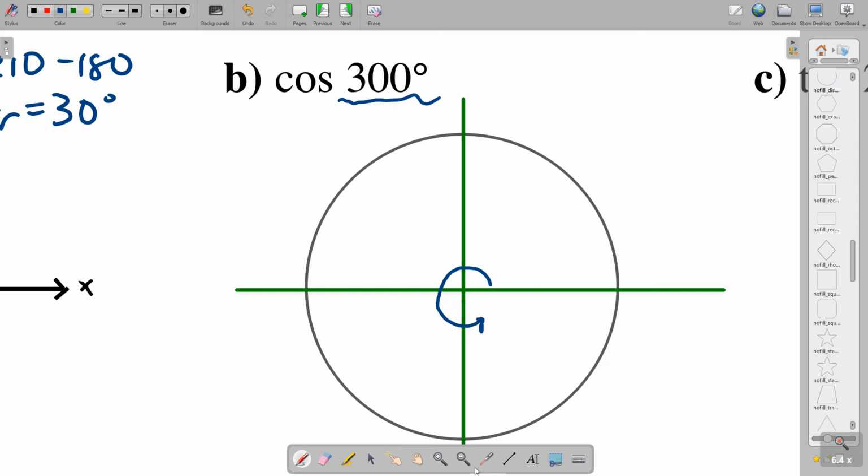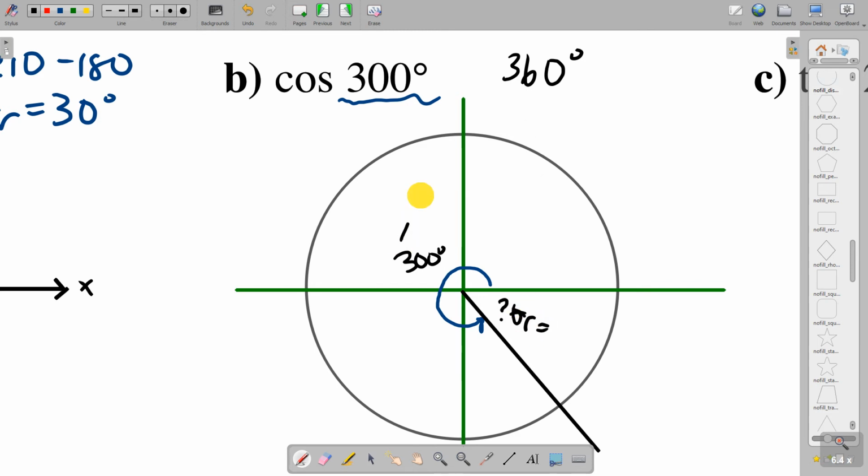There's 300. A terminal arm is coming. So if a full circle is 360 degrees, what's the referent angle here? If this is a 300, what's left? The leftover is the referent angle, which is really important.